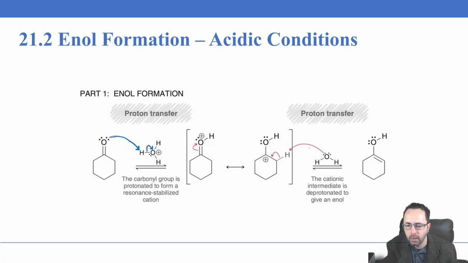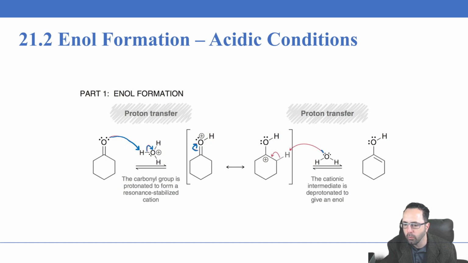Now, at this point, we also have resonance structures, right? We have a pi bond between 2 atoms of differing electronegativity, so we could also draw these electrons here on the oxygen, giving it 2 lone pairs and 2 bonds, 0 formal charge. But now this carbon here has 3 bonds and no lone pairs, so it has a positive 1 formal charge. And this is the point at which, if we deprotonate here, we produce the pi bond.